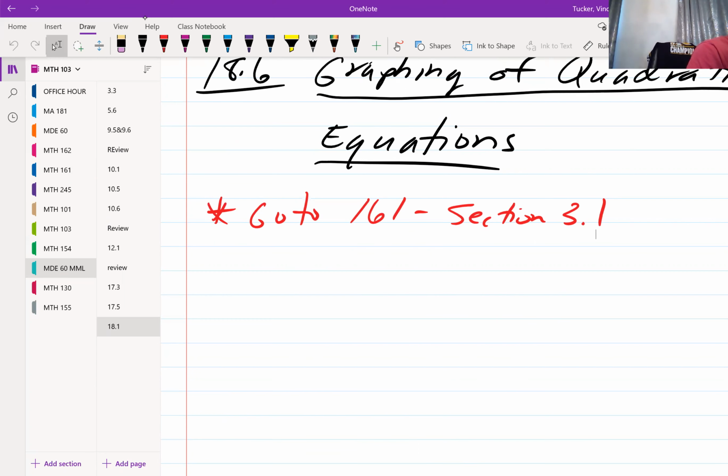Let's see, find vertex and intercept. I will do this too, just in case they ask.